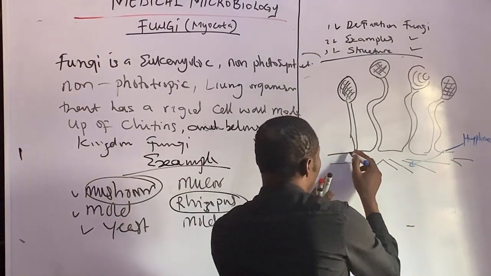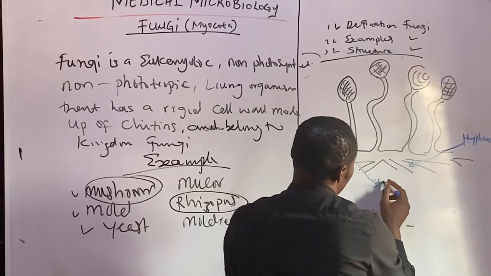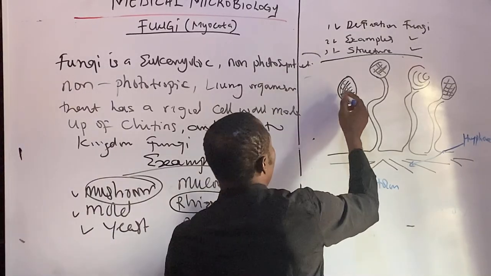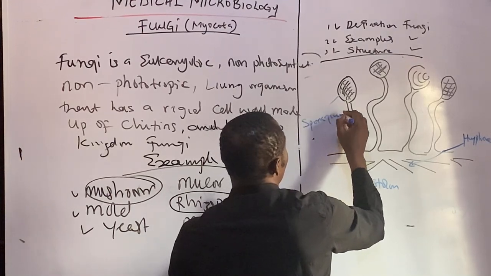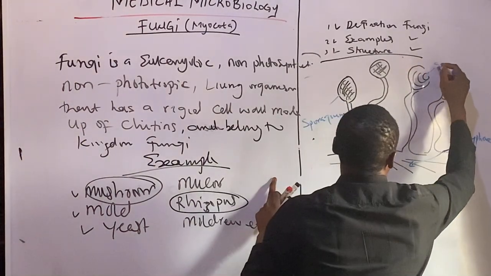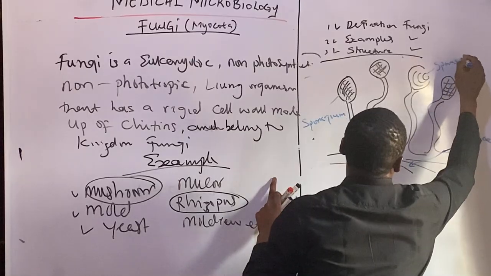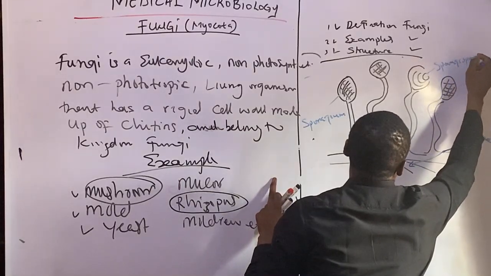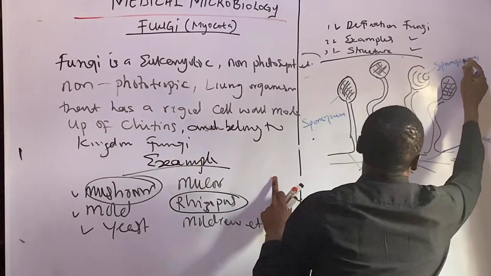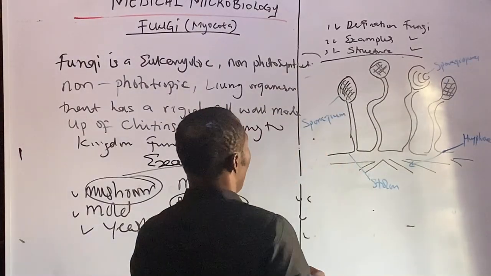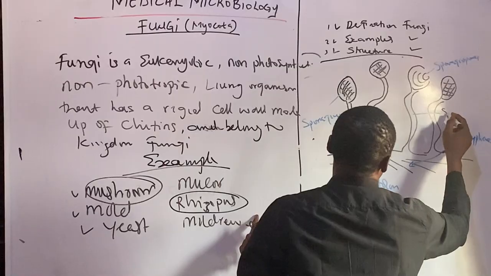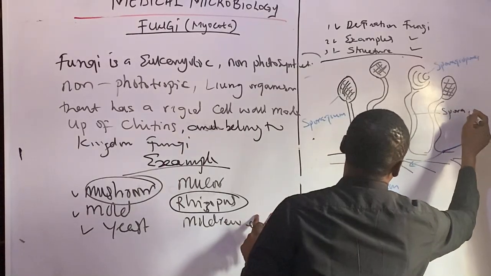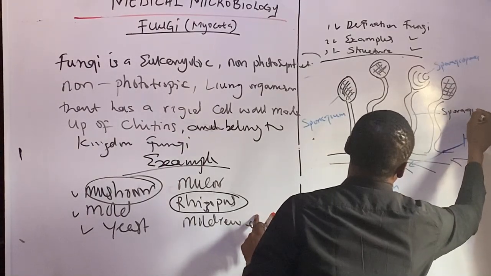Now, on top of here is the stolon. Over here is the sporangium. Over here is the sporangiospore. Now, over here is the sporangiospore.